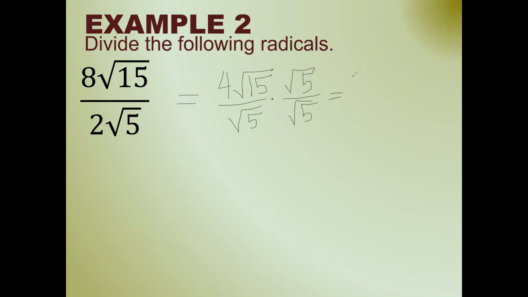Now this is 4. 5 times 15 is equals to 75. And sa baba naman, 5 times 5 is square root of 25. Simplify natin. So si 75, ang square root niyan, factors niyan ay pwede si 3 and 25. Kasi 25 is yung pinakamalaking factor na kung saan perfect square.